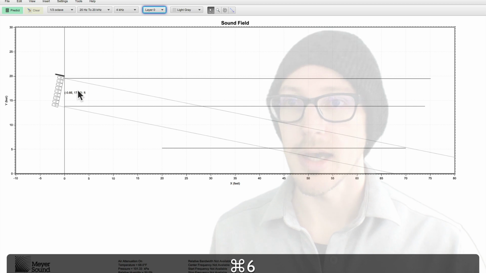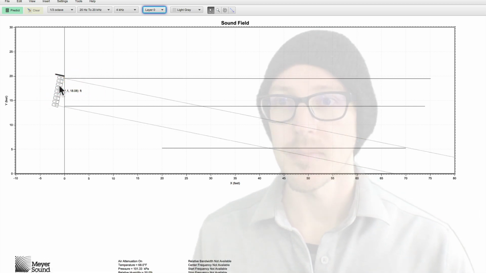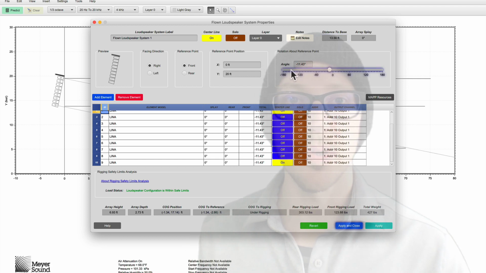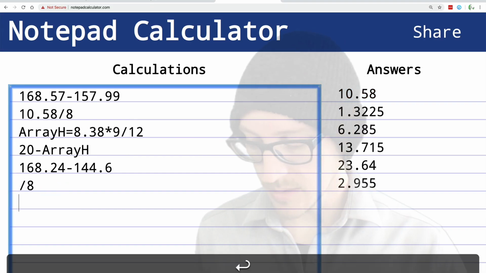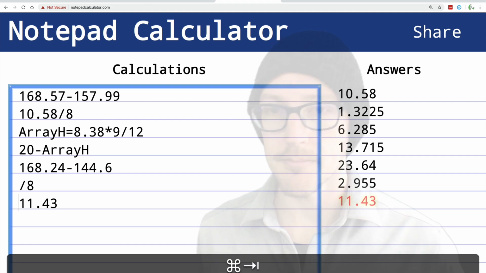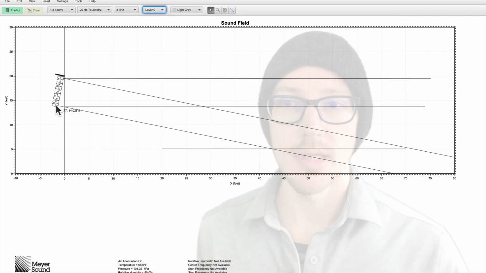So I could compare these two, but I started at 0 degrees, so I should just be able to look up here and see that I aimed down 11.43 degrees. So I'll go back to my calculator here and put in 11.43. And now I need to know this bottom angle.